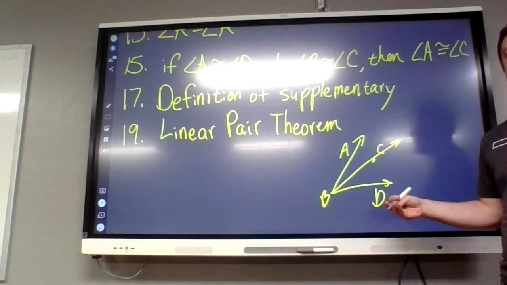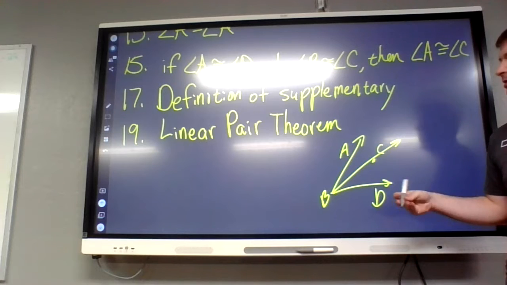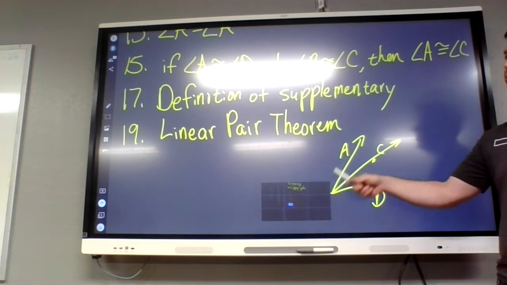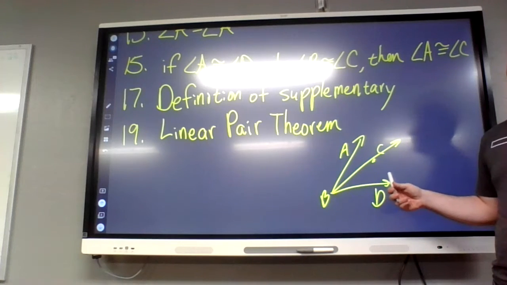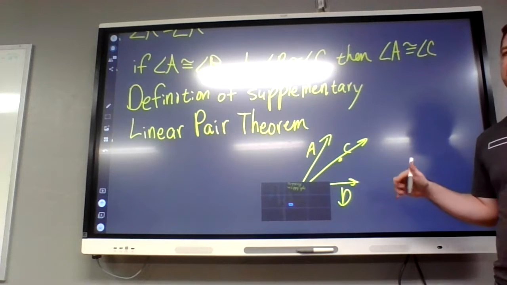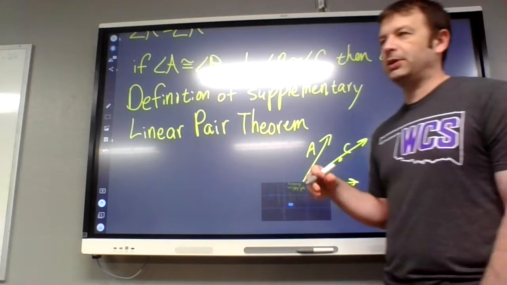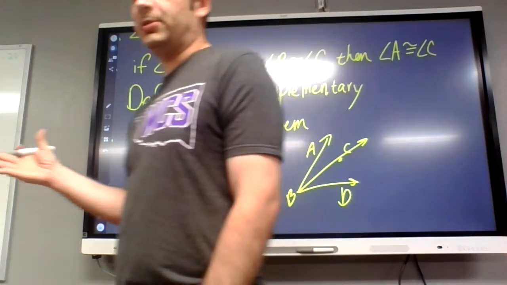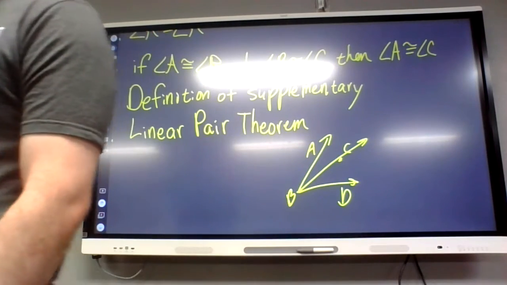What did I say that was called? This angle plus this angle equals the big angle. Angle addition postulate. Little angle plus little angle equals the big angle together. Angle addition postulate.